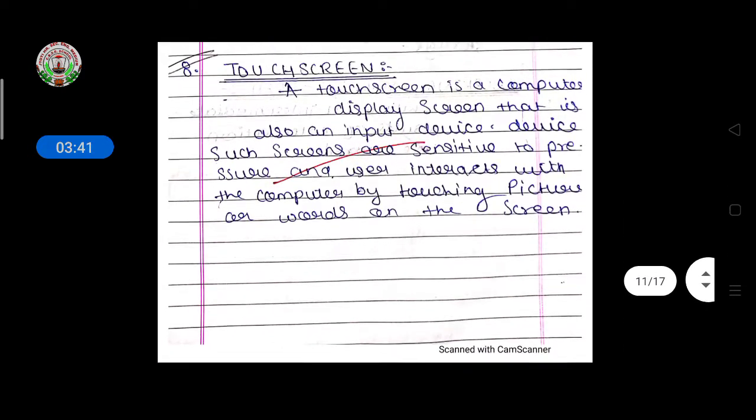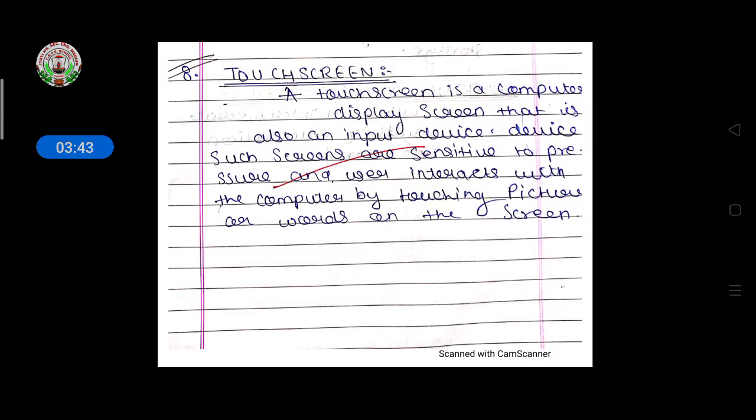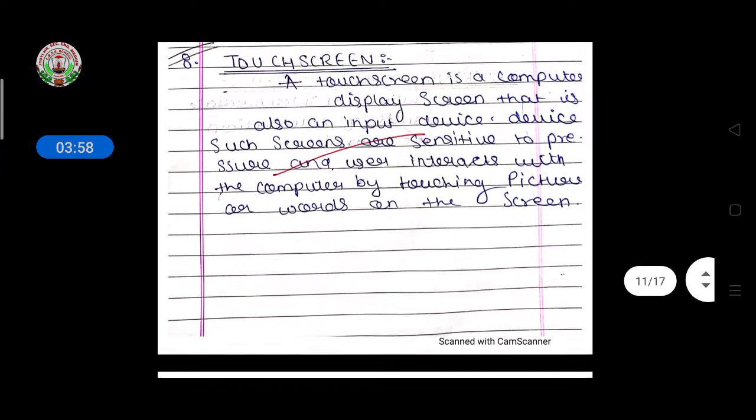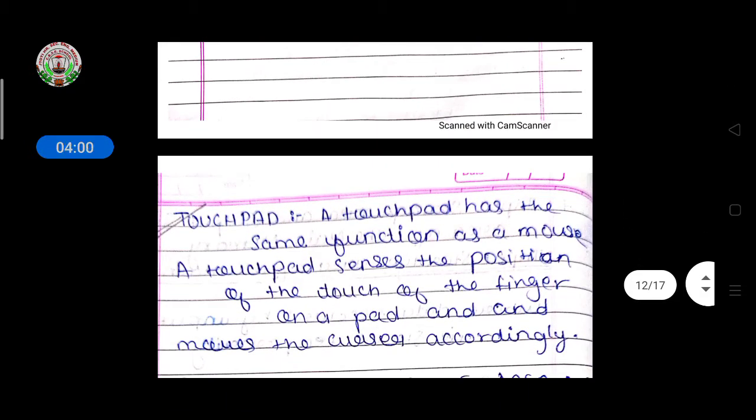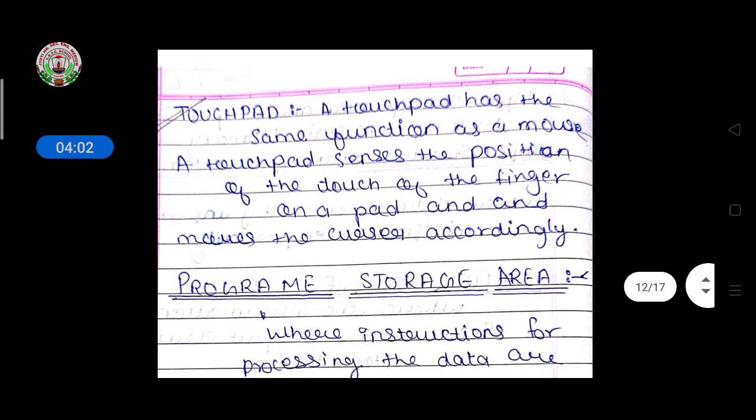Touchscreen, you know. Touchscreen is a computer display screen that is also an input device. Such screens are sensitive to pressure, and the user interacts with the computer by touching pictures or words on the screen. You are using touchscreens nowadays in mobiles also.